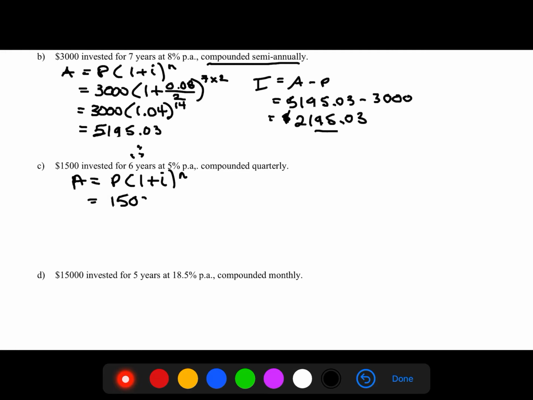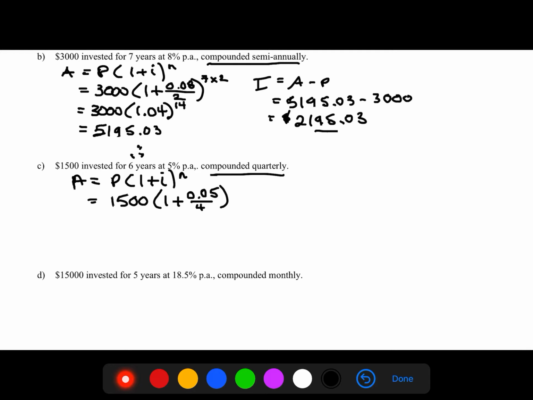Part C, again, starting with, and I'm just going to do a therefore statement to save a little bit of time and get you started on your work a little bit quicker. So our principal in this case, $1,500, and our interest rate, we're going to change to 0.05. Notice that this is compounded quarterly.